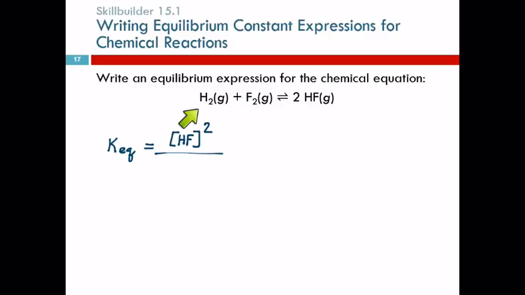And then I'm going to divide by the reactant concentrations, H2. What's the coefficient in the equation for H2? It's an unwritten 1, so the power for this concentration is an unwritten 1. The other reactant is F2. It also has a coefficient of 1, and so its power is 1. And that's the equilibrium expression for that chemical reaction.